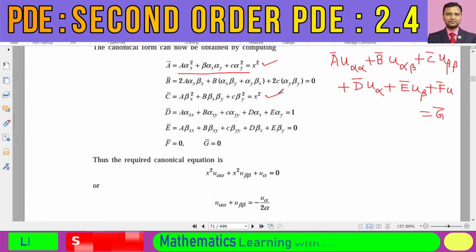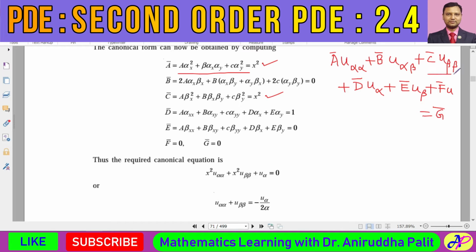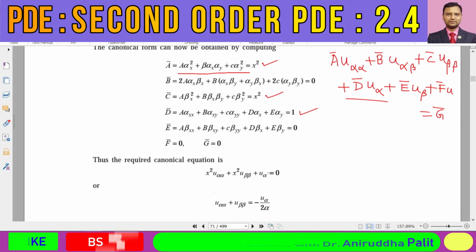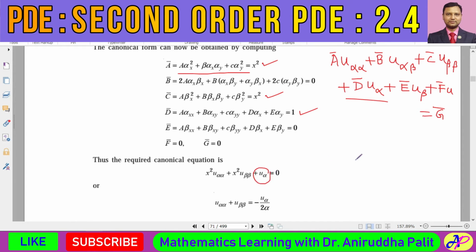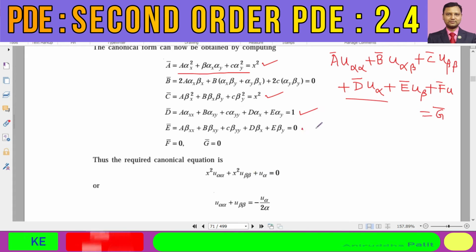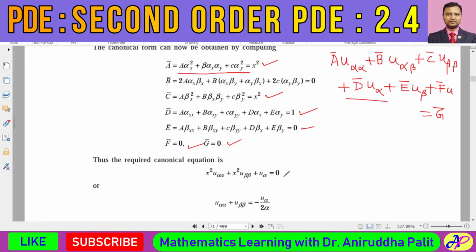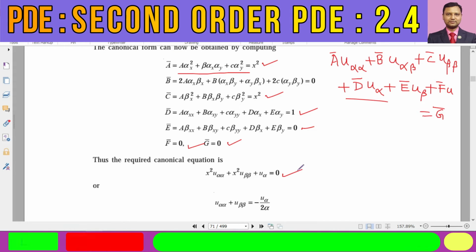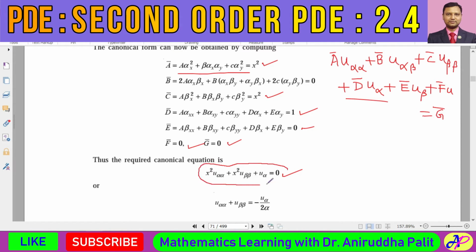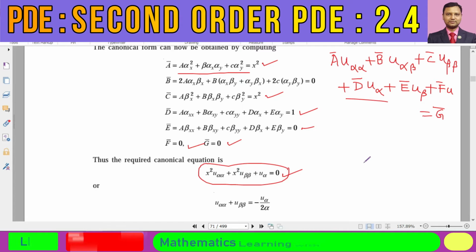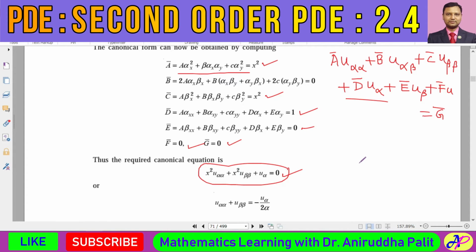Then c bar is equal to x square, so x square into u beta beta comes over here. Now the non-vanishing term is d bar into u alpha, so d bar is equal to 1. So we can write simply 1 into u alpha, and all the remaining coefficients are equal to 0. So the remaining portion becomes equal to 0. In this way we finally write the expression where the independent variables have been taken as alpha and beta.